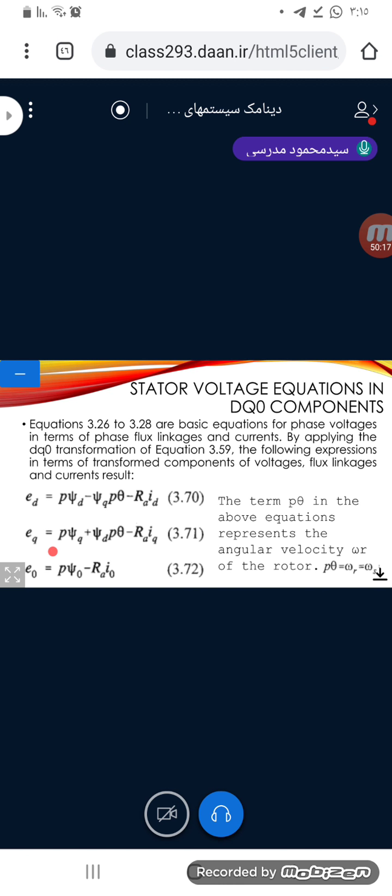And the other equations are written in 3.71 and 3.72, EQ and E0.